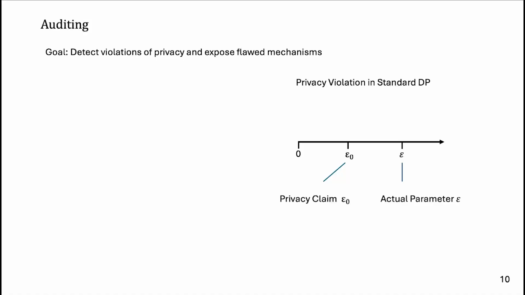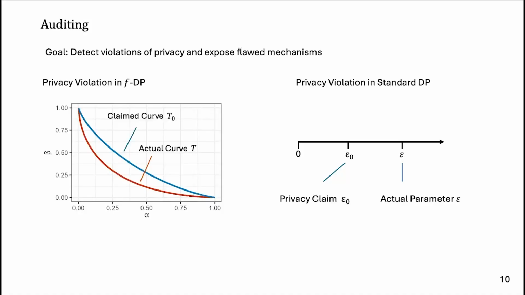We can now consider a similar constellation in FDP, where we have a claimed privacy level T0, and the actual amount of privacy that our mechanism can achieve is a trade-off curve T that lies well below this privacy claim T0.